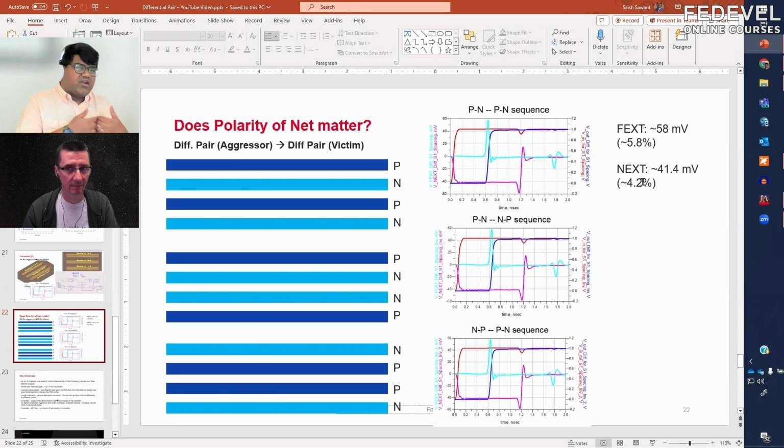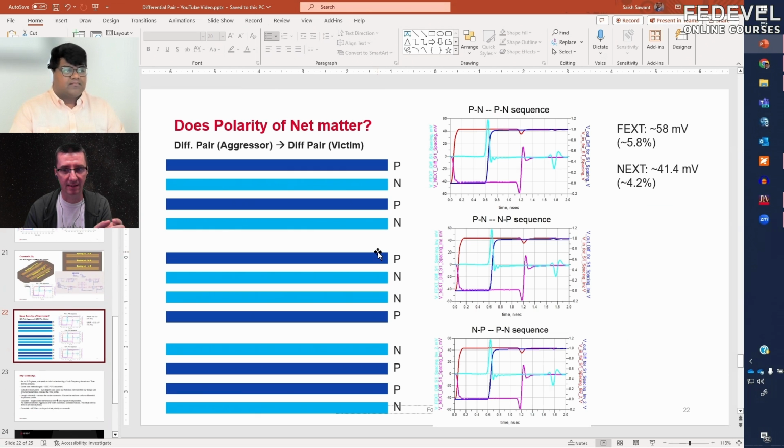Now it's like 5.8% and 4%. So that much lower. That's the benefit of using differential signaling for your critical systems, basically. This is what immunity to noise means: when we are routing a single-ended signal close to differential pairs, we need to be more careful with spacing.